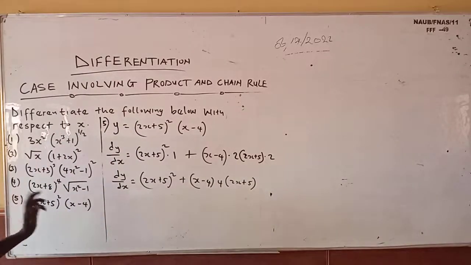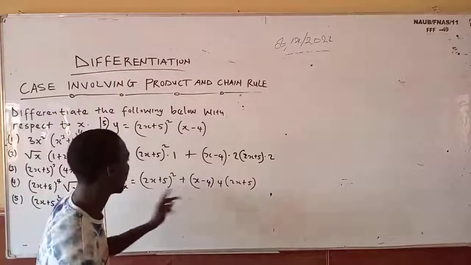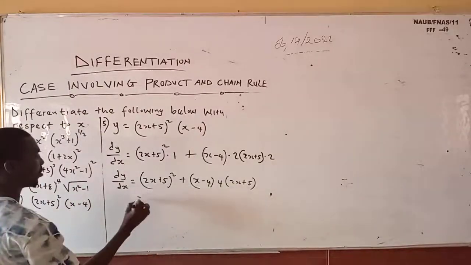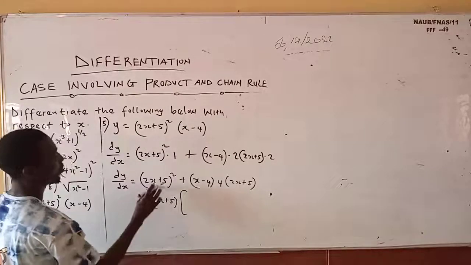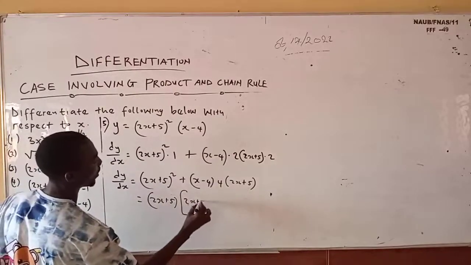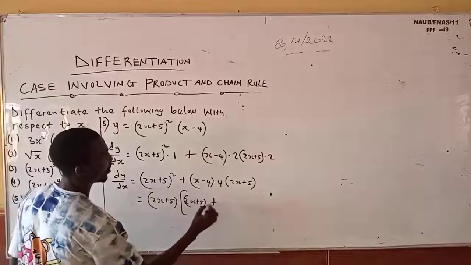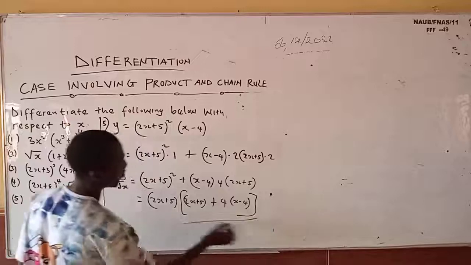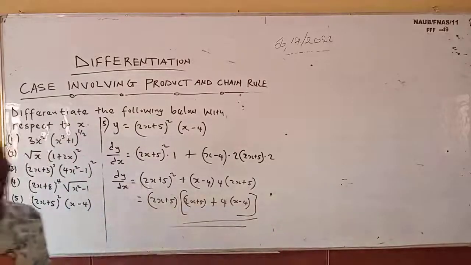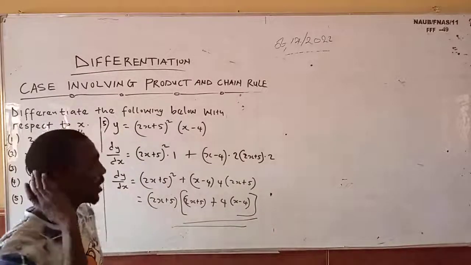That is just our answer. And if I want to still do further, I'll just factor out this. So it's going to be 2s plus 5 out, into, we are left with 2s plus 5 plus 4 into s minus 4. So if you like, use the formula. This is the answer you are going to arrive at. So thank you very much.